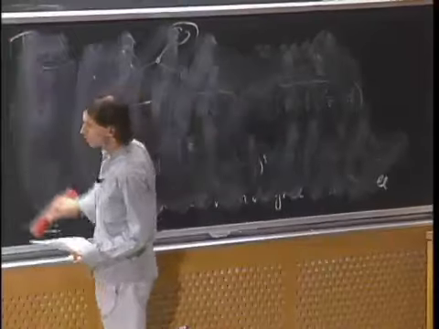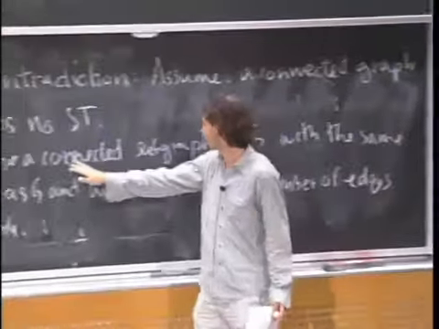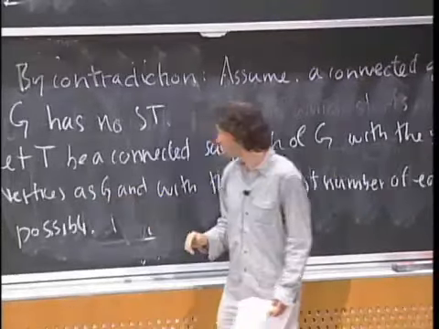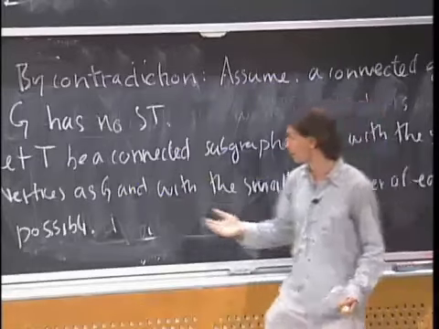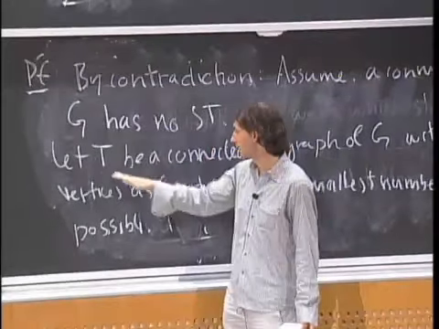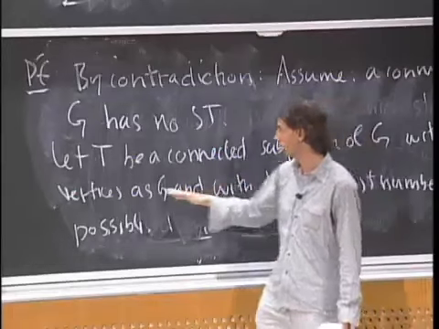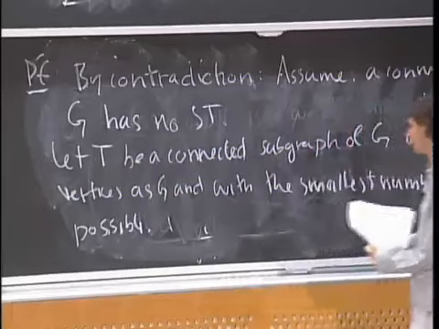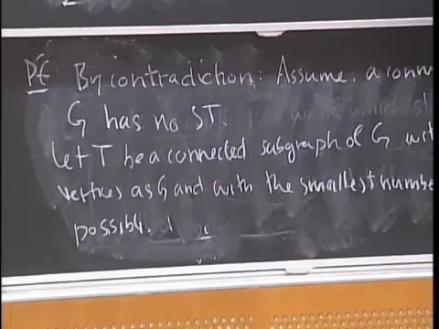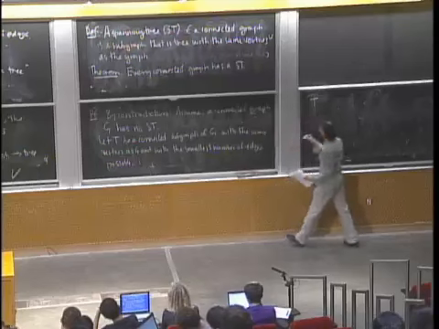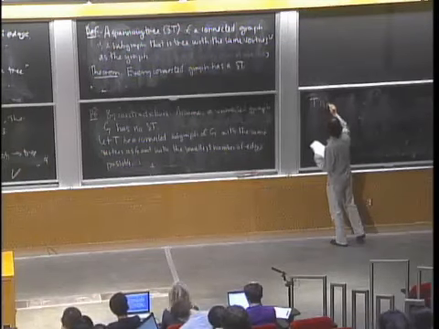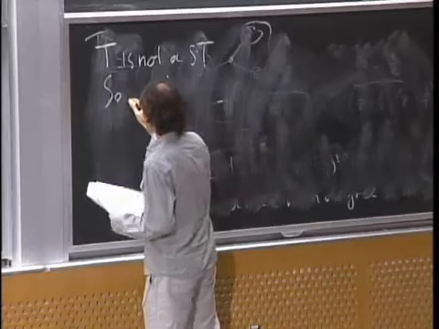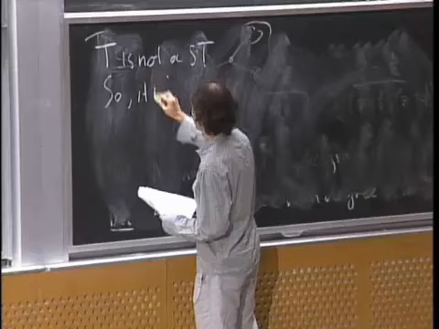So we already know that T is a connected subgraph of G with the same vertices as G. So the only difference between a spanning tree and T is that the spanning tree is a tree, and T is not a tree. So therefore, T must have a cycle. So we use our assumption over here. We know that T is not a spanning tree. And now we can conclude that it must have a cycle.